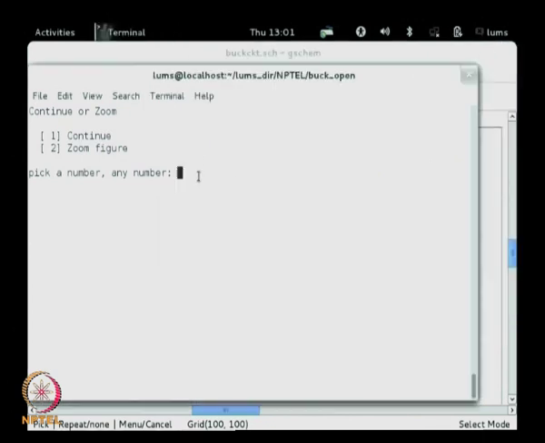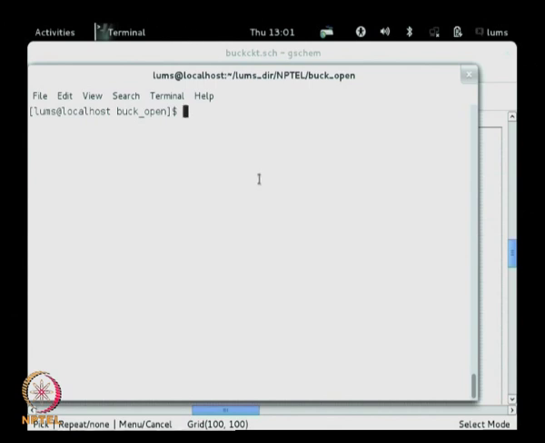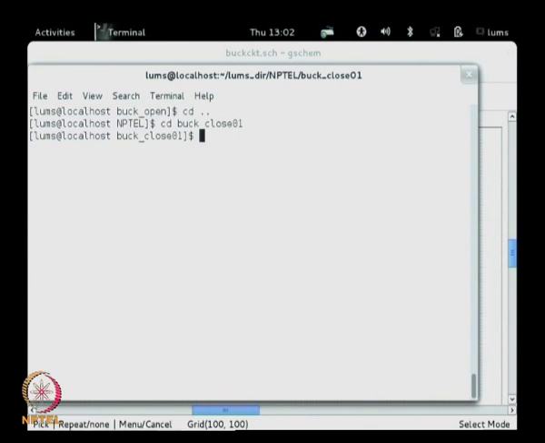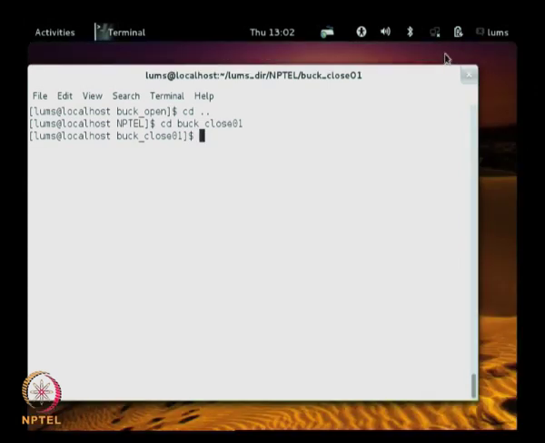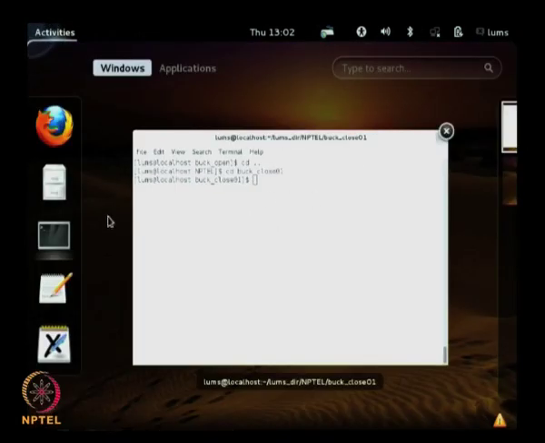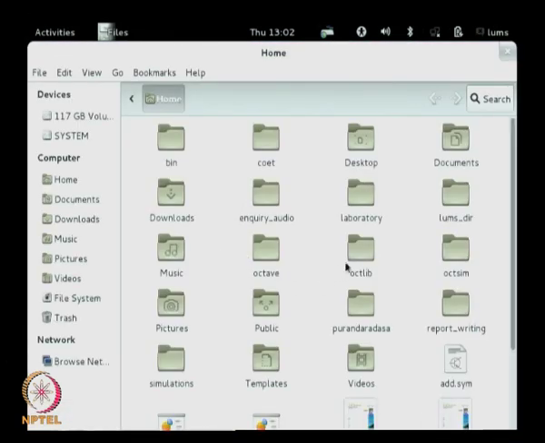and we would like to tune the controller. So, let me show you the closed loop system, which I have already built.